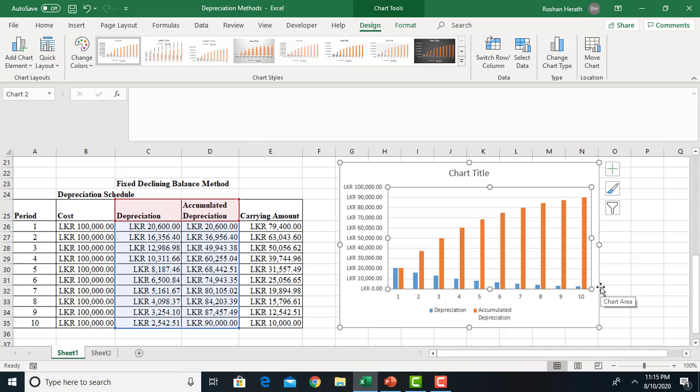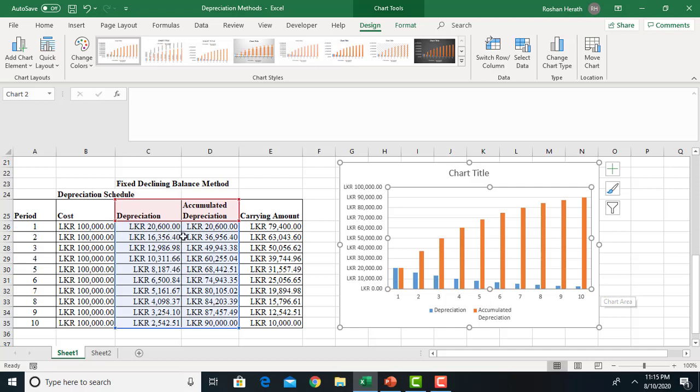So this is the pattern in which we may consume the economic benefit of that particular asset, and this depreciation would reflect the pattern in which we may consume the economic benefit. So when the asset ages, our economic benefit consumption is getting reduced.